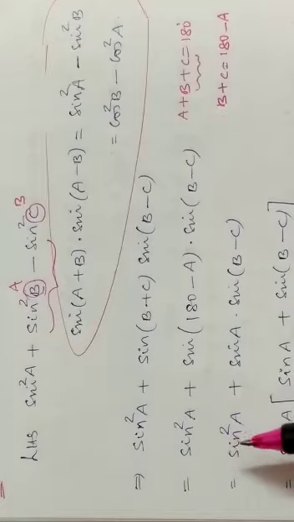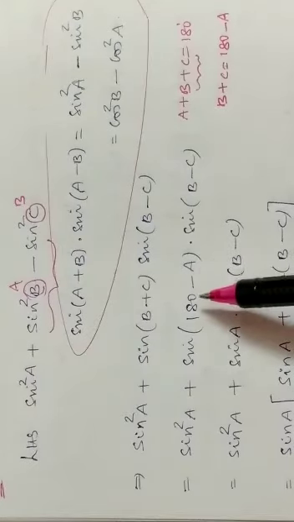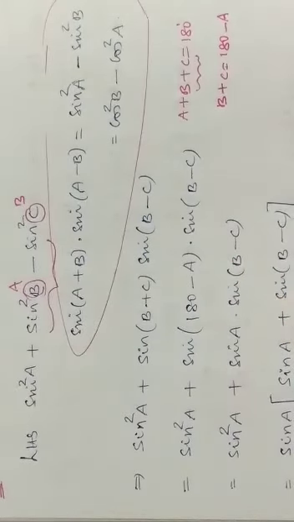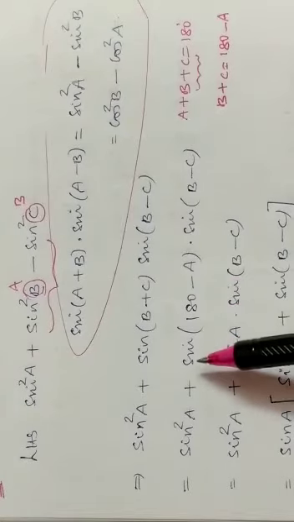Next step, sin²A plus sin of 180 minus theta. Which quadrant is 180 minus theta? Second quadrant. In the second quadrant, sin is positive. How?